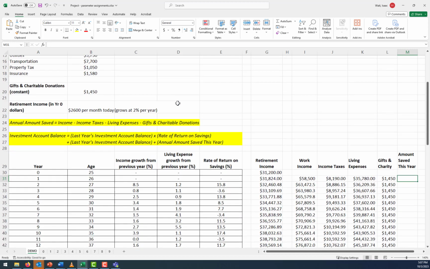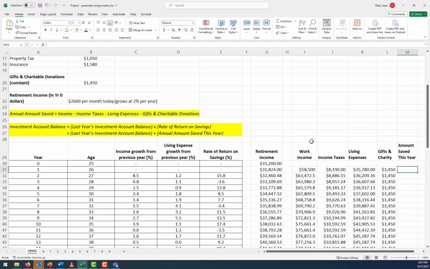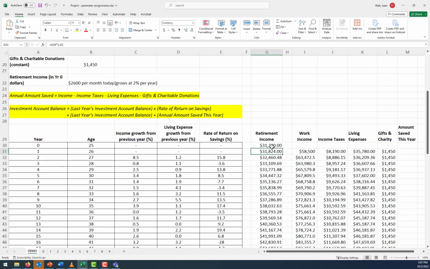Scenario 1 is that the person is working until age 85. So I'm not going to ever use the retirement income. They never retire in this first scenario. So like part 1, work until age 85, the amount saved is going to be work minus taxes minus living expenses minus donations.